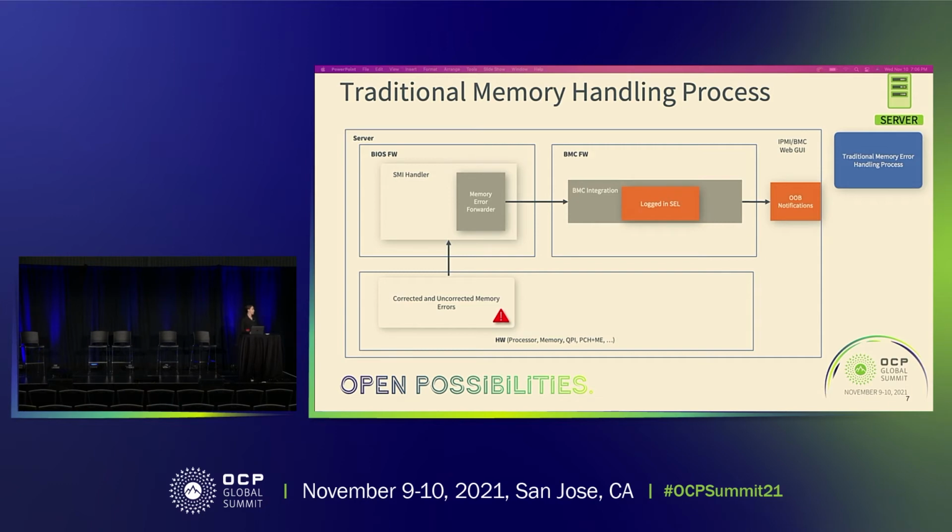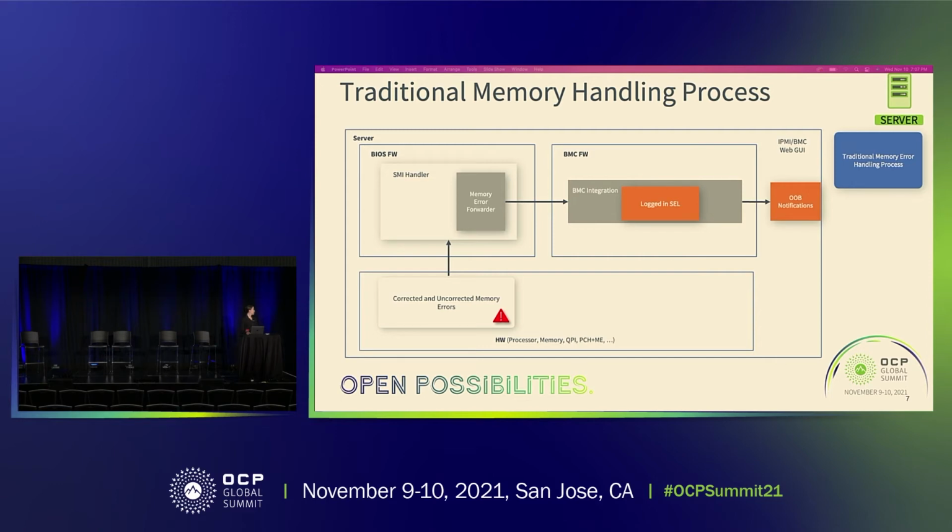It's going to then forward that to a BIOS SMI handler that's going to diagnose which DIMM did this error occur in, what rank it occurred in, and everything like this. And the BIOS then normally passes this information off to the BMC firmware on the platform that then logs it into the system event log or the SEL.